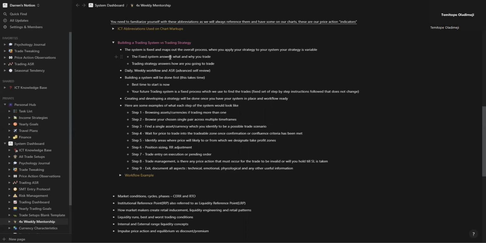As part of your system, you would choose what you want to trade. Maybe your time zone allows you to only trade, say, New York sessions, or if you wanted to trade a currency, it would be suited to maybe a EU or the Australian dollar because of the time that you're in.